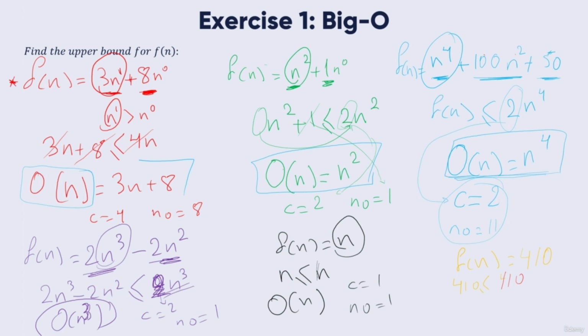For all n greater than 1, this means 410 is equal to O of 1. So this is the notation of O of 1. Okay? With c equal to 1 and n0 equal to 1.